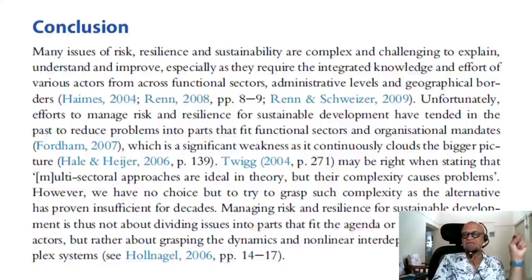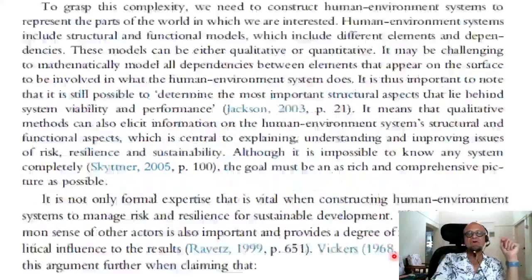Managing risk and resilience for sustainable development is thus not about dividing issues into parts that fit the agenda or mandate of specific actors, but rather about grasping the dynamics and nonlinear interdependencies in complex systems. Right? That's the idea of the systemic archetypes, with limits to growth, limits and underinvestment, tragedy of the commons, and so on and so forth.